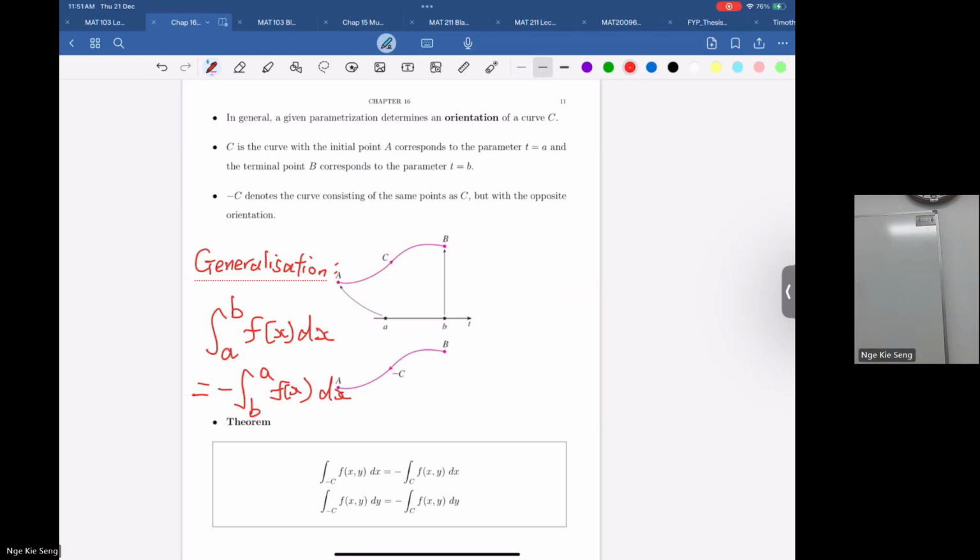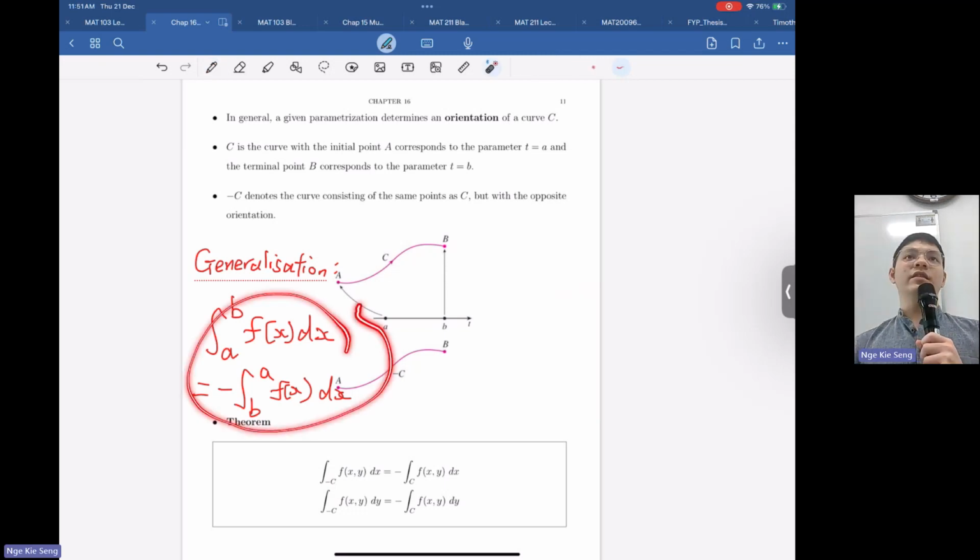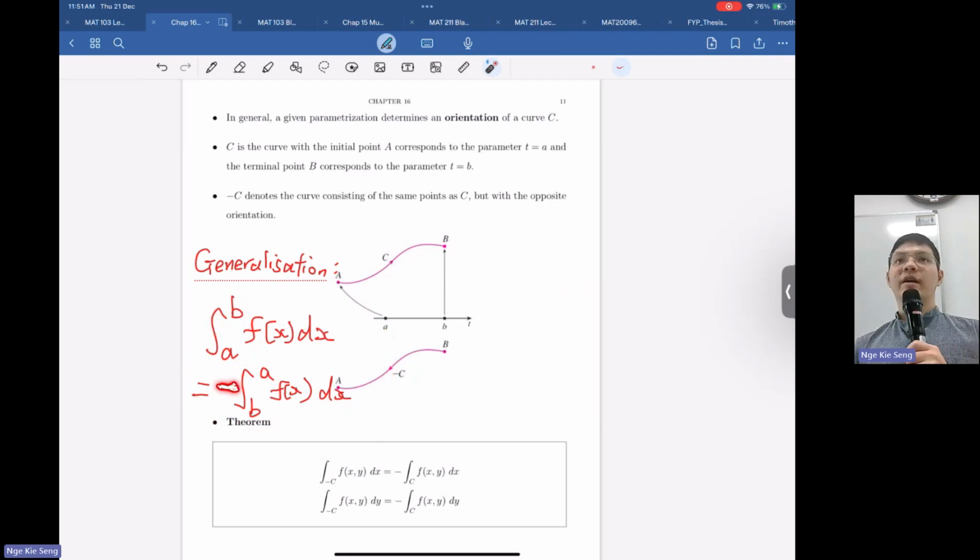Any question or no? Okay, so this is a generalization of what you learned in calculus 1, right? You can change your starting and ending point by introducing a minus sign to your integral. So in our higher dimensional case, we say that it changed the orientation of the curve. Make sense?